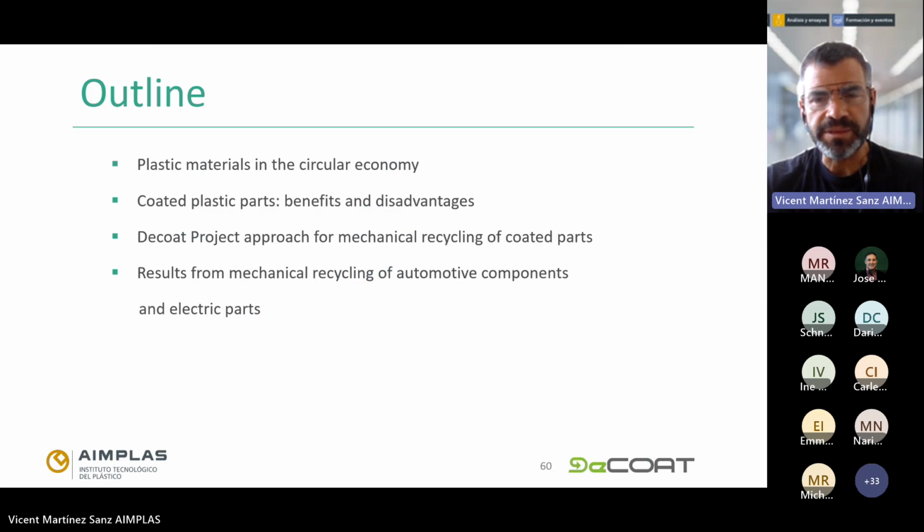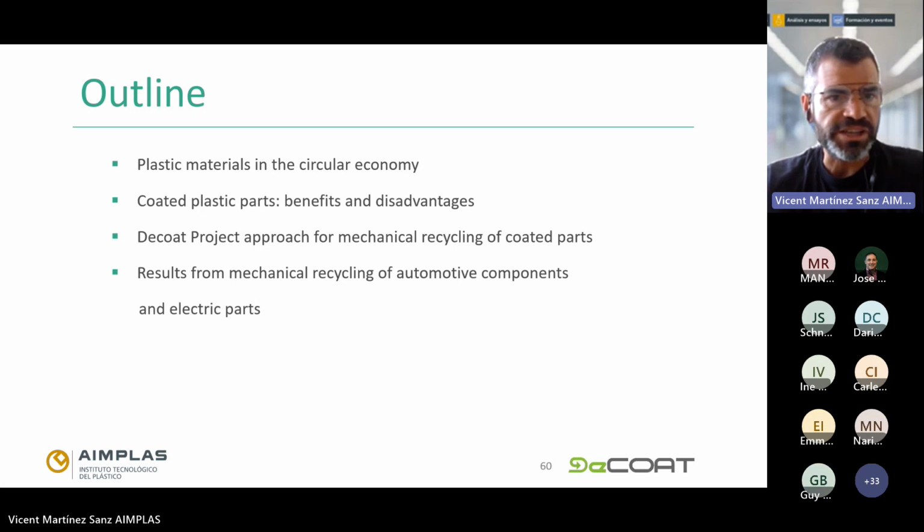My topic in this seminar is the mechanical recycling of plastic coated parts using the bonding methods featured in the DECOAT project. As a quick outline, I will start by highlighting the role of plastic materials in the circular economy, the main benefits and also disadvantages of coated plastic parts, and the approach of the DECOAT project in the mechanical recycling of these plastic coated parts.